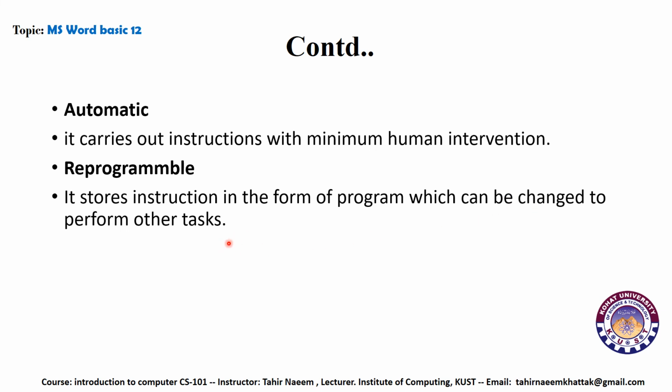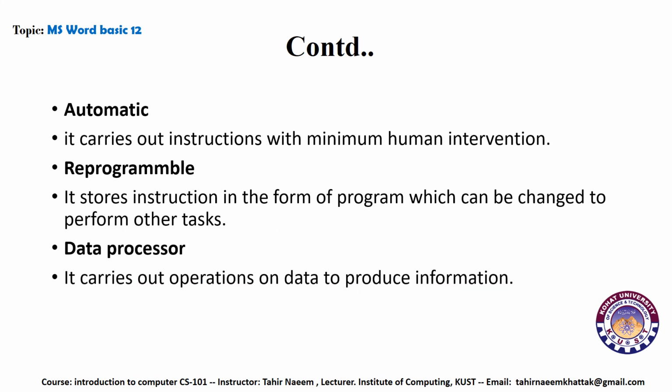When we write a program, it is to perform a specific task, but we can change the program, or run another program designed to perform other tasks. So generally the computer is reprogrammable. Data processor. It carries out operations on data to produce information.